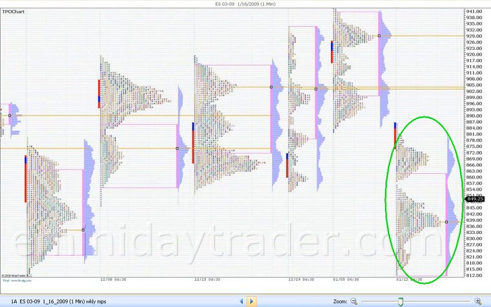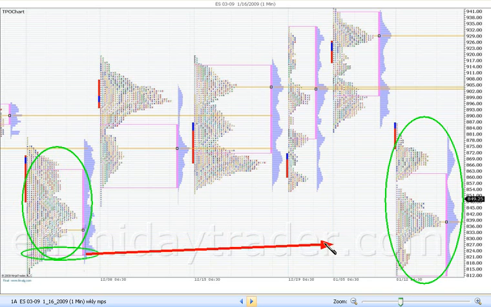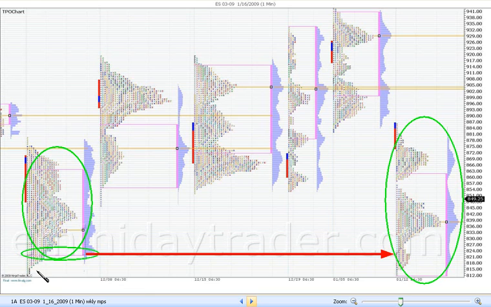And we had a group session with all of our members on Wednesday, and we took a look at this, and we had come to the conclusion that quite possibly the profiles that were formed early in December, most notably this week right in here, could very well have some support near the low of that weekly value area. And that range that we were looking at was 824 to 816.